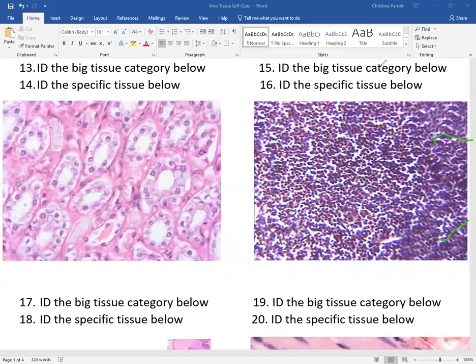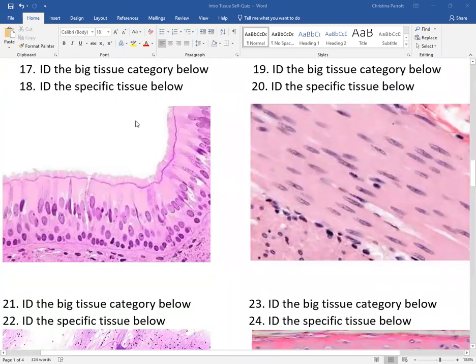But if you're seeing the dark pink to purple to even brown dots, sometimes with black fibers running through it, sometimes not, that clues you in that this is reticular. So number 15, what is the big tissue category? This would be connective. Number 16, what is the specific tissue? This would be reticular.